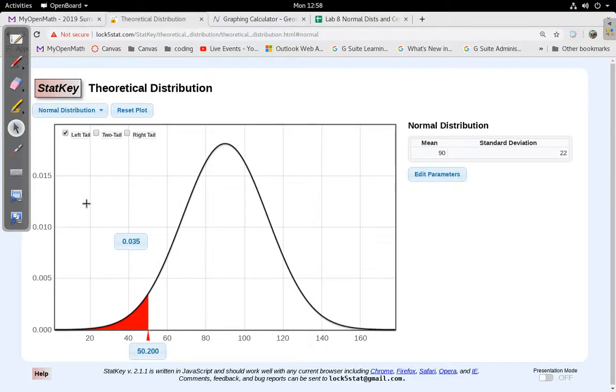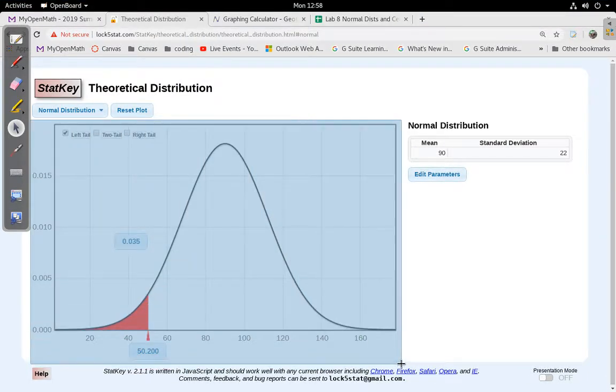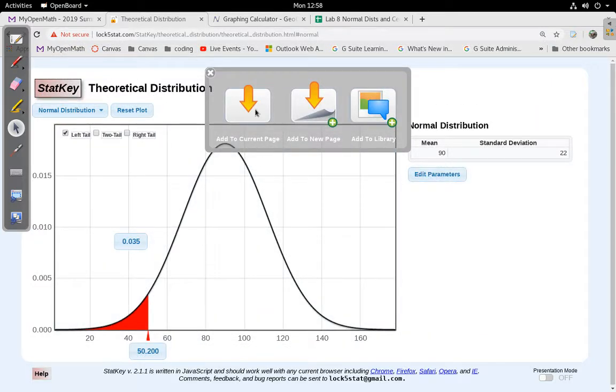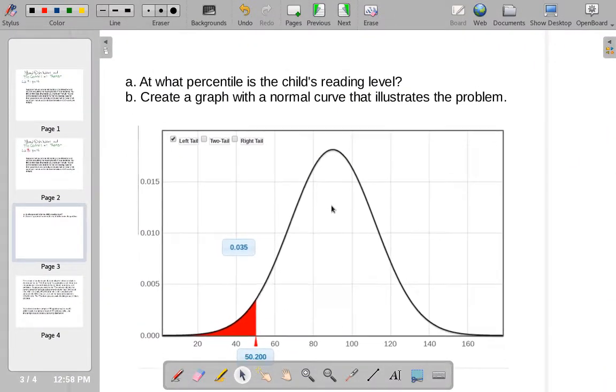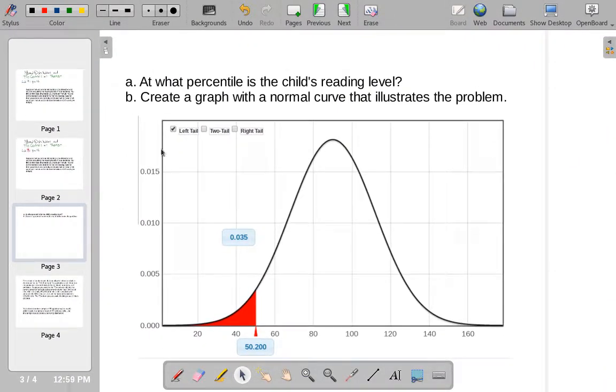So let's get a screenshot of this. All right, so here's my screenshot, and let's write on it. So this right here would be approximately the 4th percentile.